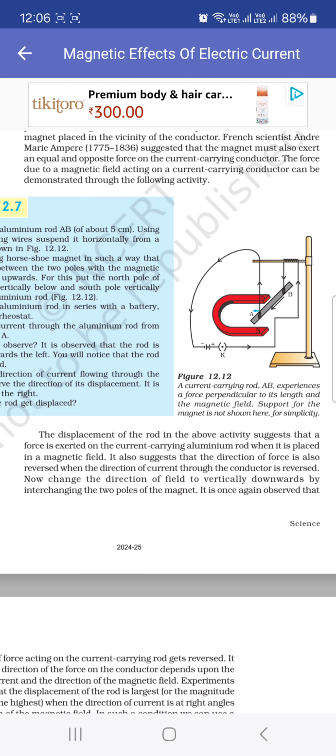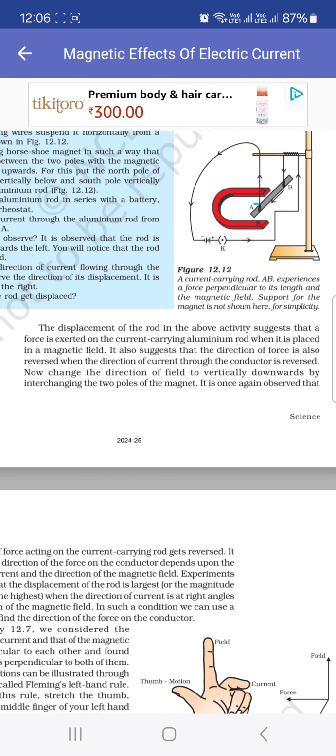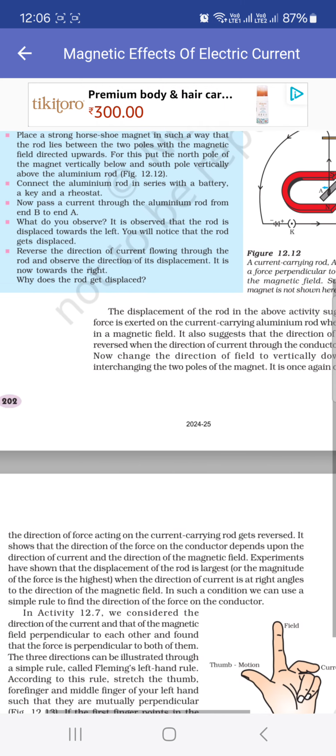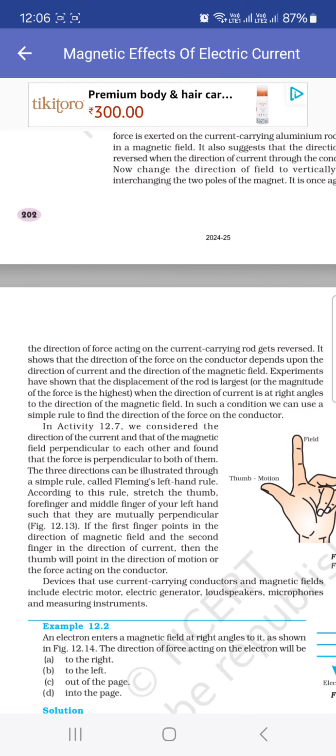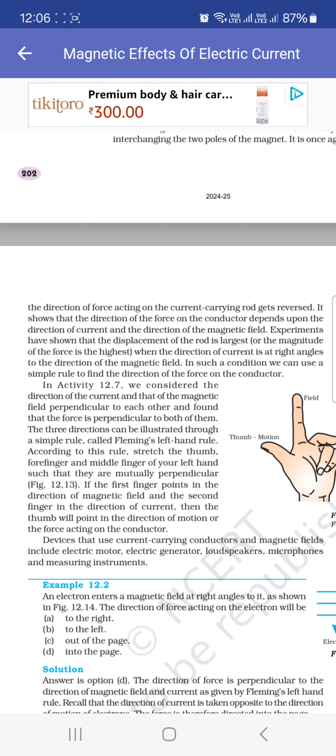Now, change the direction of the field to vertically downward by interchanging the two poles of the magnet. It is once again observed that the direction of force acting on the current carrying rod gets reversed.